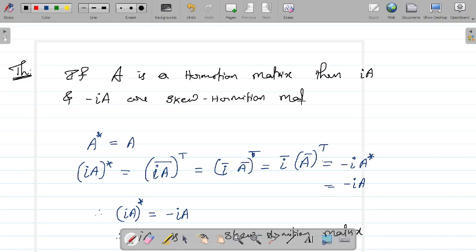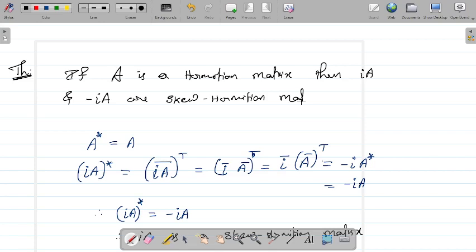So it is simple. You know this information that A is Hermitian, so that implies A star equals A. Similarly, B is Hermitian, so B star equals B. Now you'd like to investigate AB minus BA.